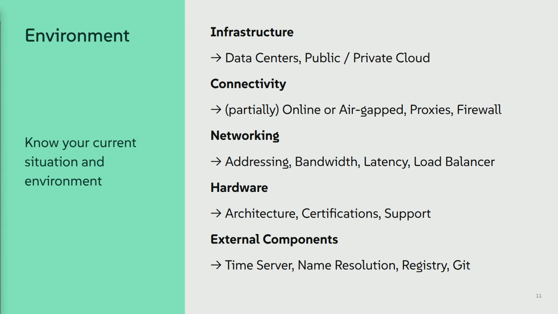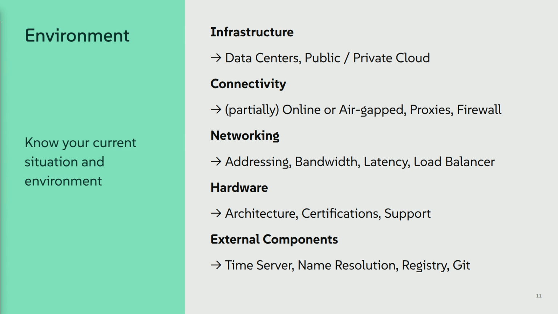Then the next thing, which is a really key thing, is that we need to understand the connectivity situation for the edge devices. We have a huge range of connectivity situations. We have situations where we are completely disconnected, like satellites that don't even have a connection, or ships that are completely disconnected, or partially connected, which means they are only connected when they're in the harbor.